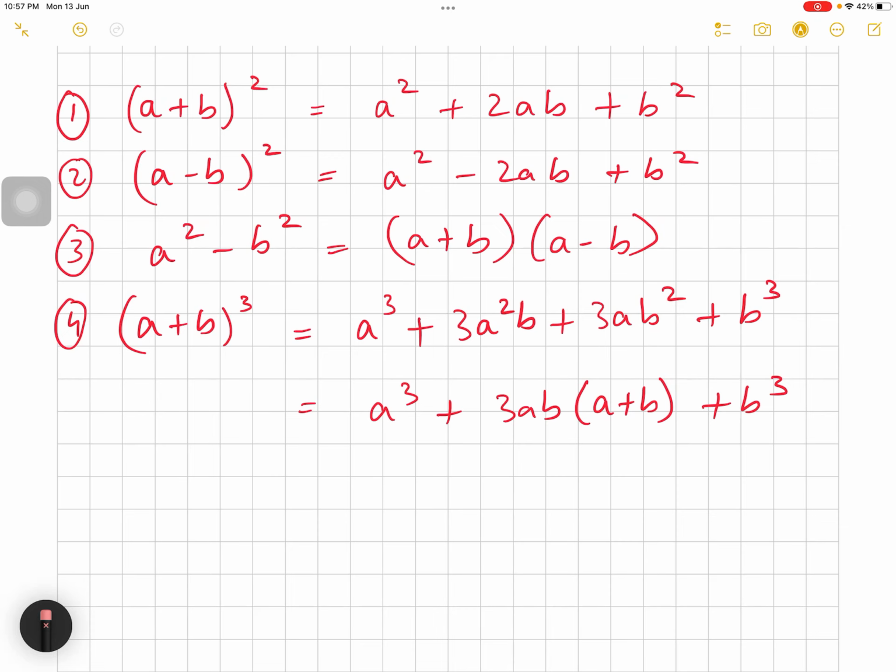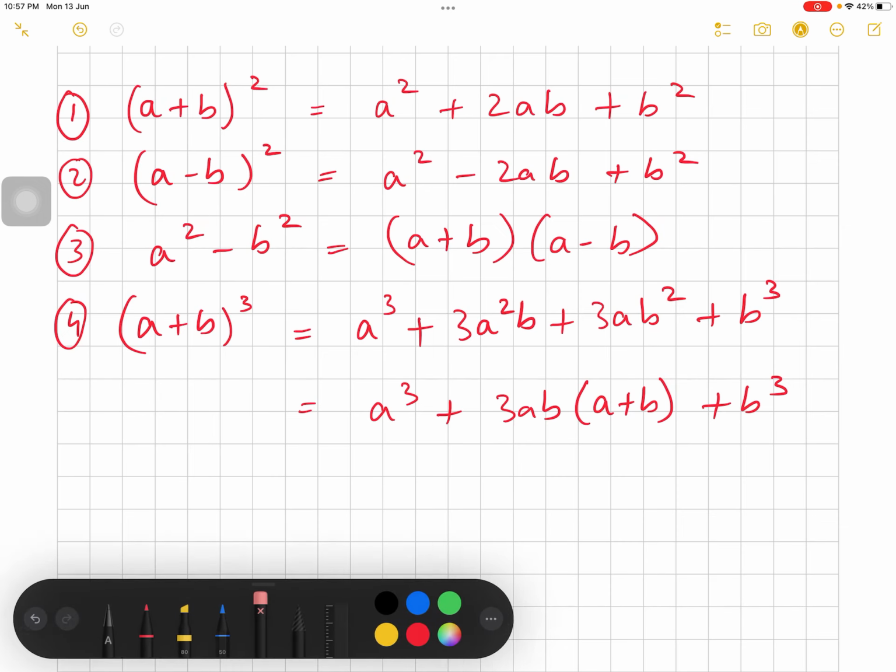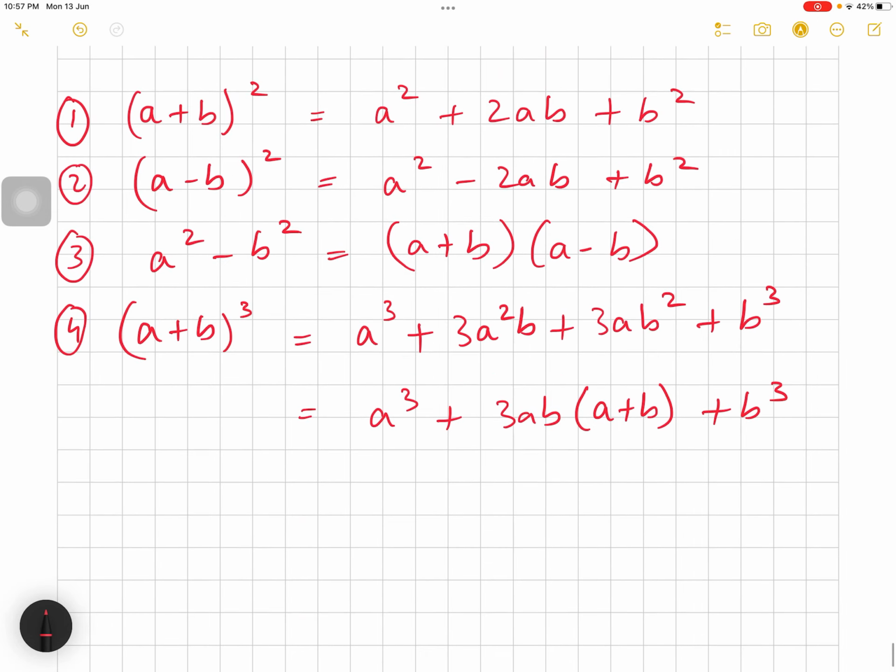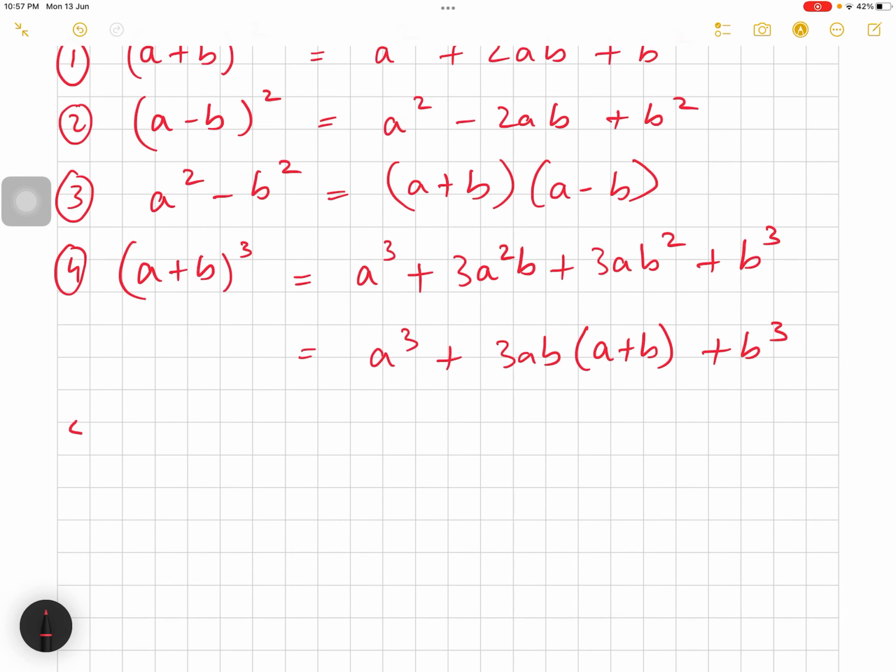Okay, next formula, a minus b the whole cube.